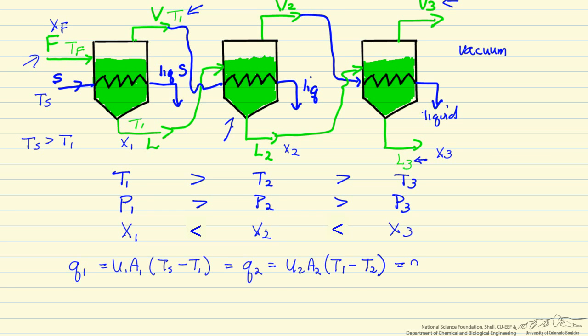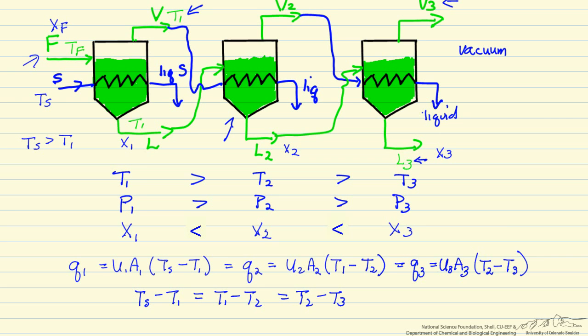And then the same argument means this should be equal to Q3, which is the temperature for heating and the temperature in the third effect. Typically the heat transfer areas are the same. These are identical evaporators, and the heat transfer coefficient is approximately the same also. So Ts minus T1 is approximately T1 minus T2, approximately T2 minus T3.